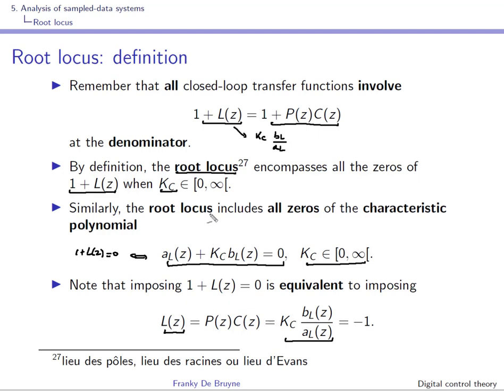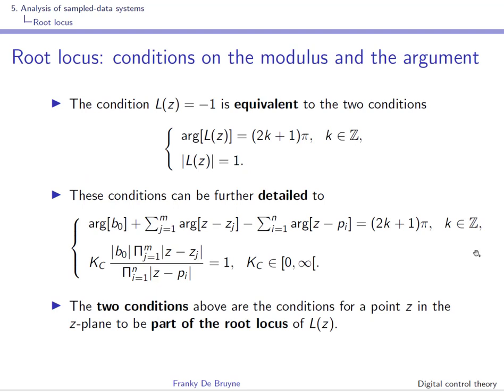Okay, this is the loop gain. So we call this the root locus, but you know from last year's course that we can call this in French lieu des pôles, lieu des racines. The condition that we had, that the loop gain is -1, can be written in terms of the argument and the module as follows.